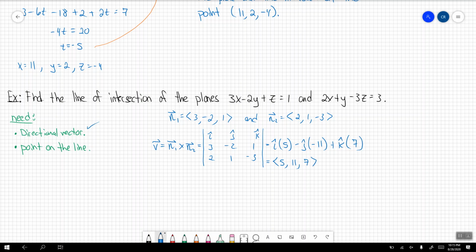So we have a directional vector. Next, we need a point on the line. A point on the line is going to be a little bit tougher than what we've seen before. However, one of the nice aspects is that you can choose an x, a y, or a z value, fix it, and then solve for the other two.